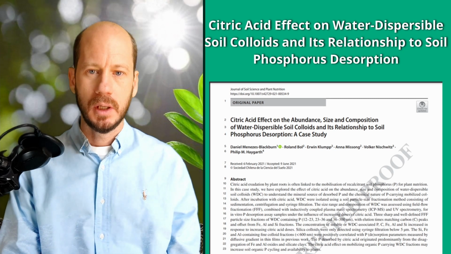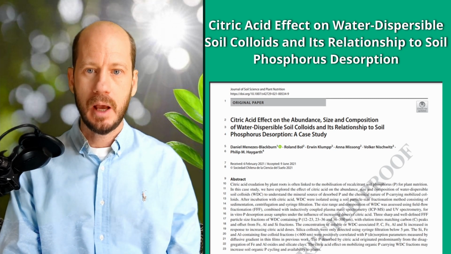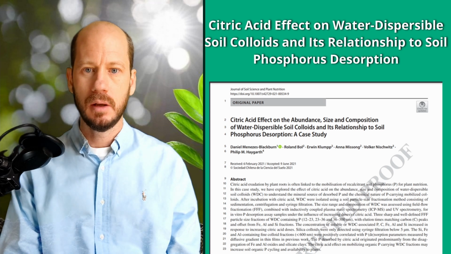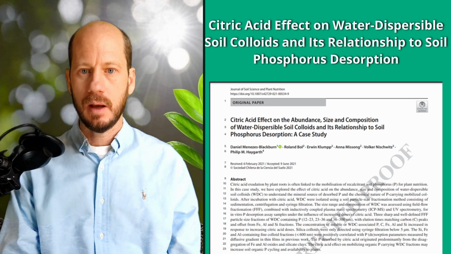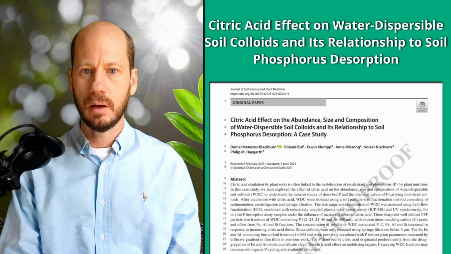All right. So today I will talk to you about the relationship between citric acid exudation by roots and phosphorus desorption, and how that is related to the disaggregation of soil colloids. This is a field flow fractionation study, which is a neat technique that I will explain in a bit.